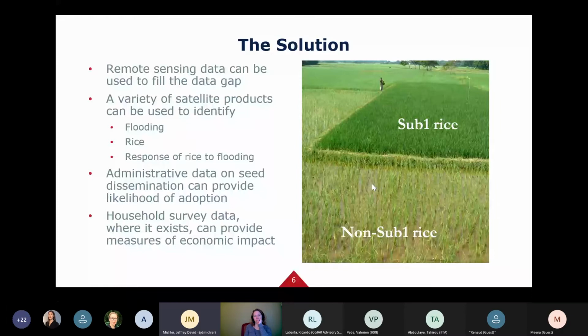And so we can use satellite technology and remote sensing techniques to look at South Asia from space over a potentially very long period of time, going back to the 80s, and look at when it floods, because we can see when it floods. We look at how rice responds to that flooding by measuring some vegetative index, either NDVI or EVI.